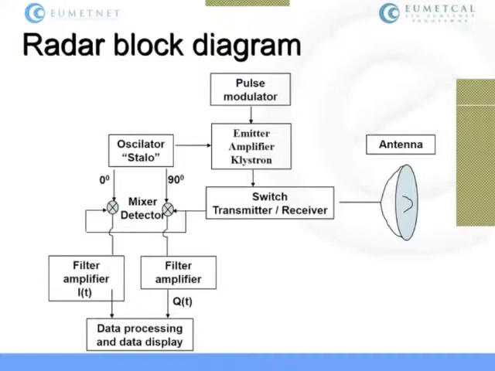When the energy comes back to the antenna, we have the receiver, which receives the electromagnetic energy, and it is passed through the processor, and after that it is sent to the data processing and display. So the main components of the radar system are the transmitter, the receiver, the antenna, and the data processing and display.